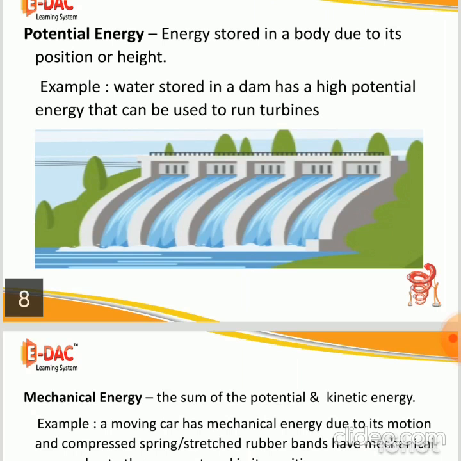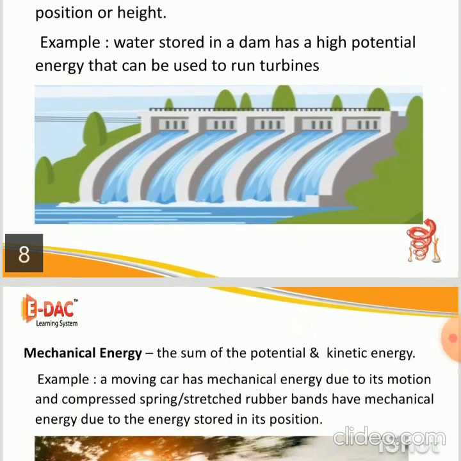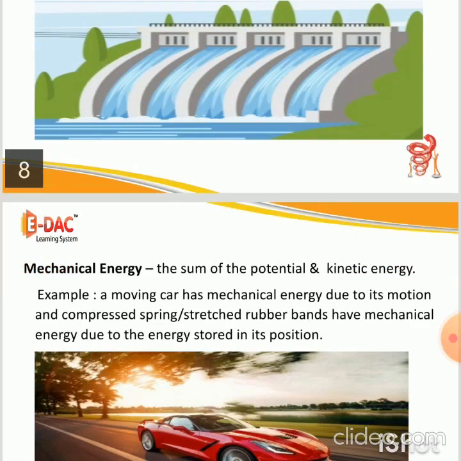The water at the dam is placed at a higher position, and when it falls down, right, what does it do? It rotates the turbine. So this potential energy of water helps to rotate the turbine to produce electricity. So this type of energy of water is called potential energy. It's not just related to water, it can be with anything, right? So this is what we call potential energy.